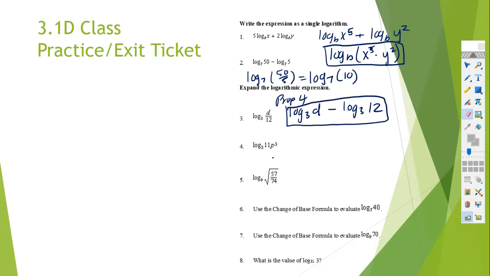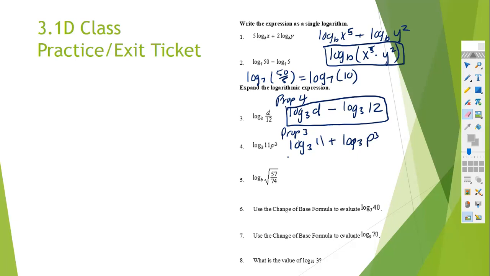And I'm done. Okay. On this one, log base 3 of 11 times p to the third. So again, I'm going to decide, is it quotient or product? It's going to be product. So that's property 3. Property 3 means that this becomes log base 3 of 11 plus log base 3 of p to the third.